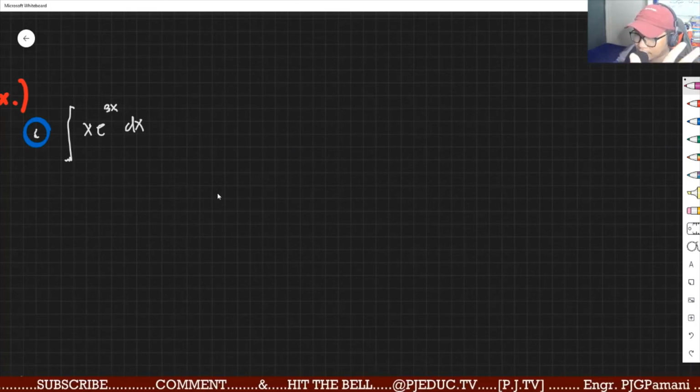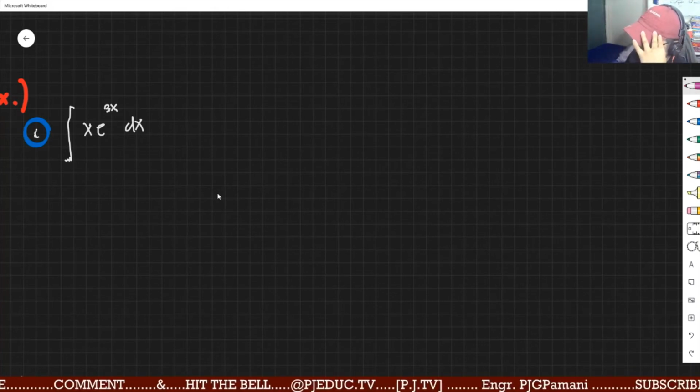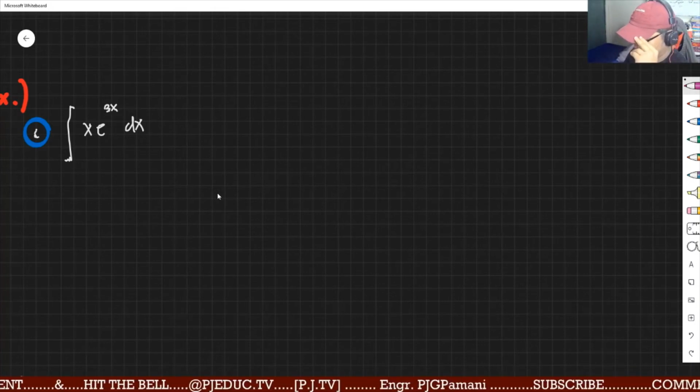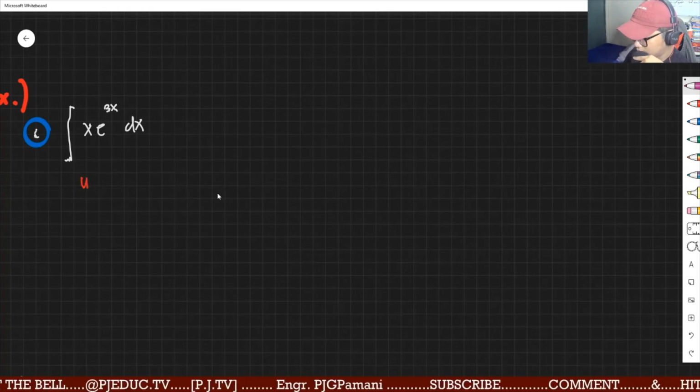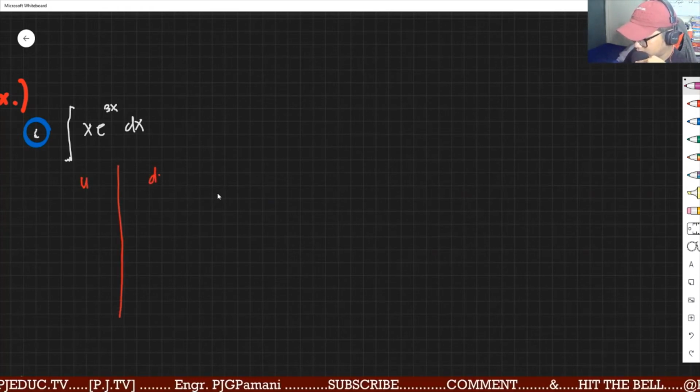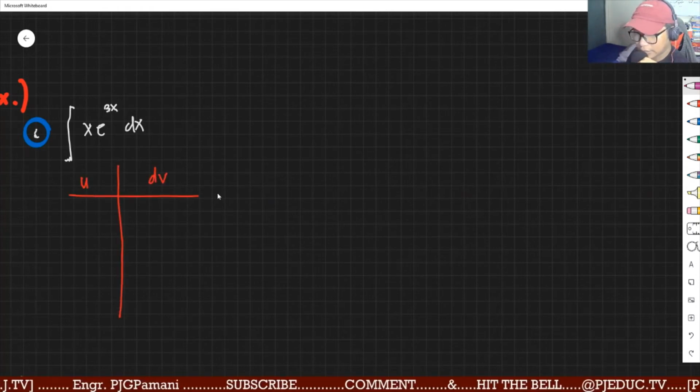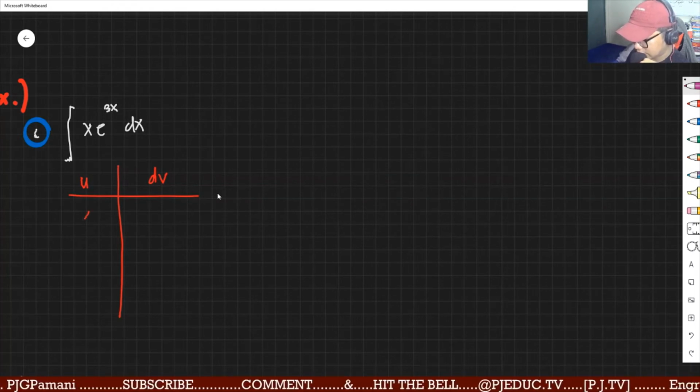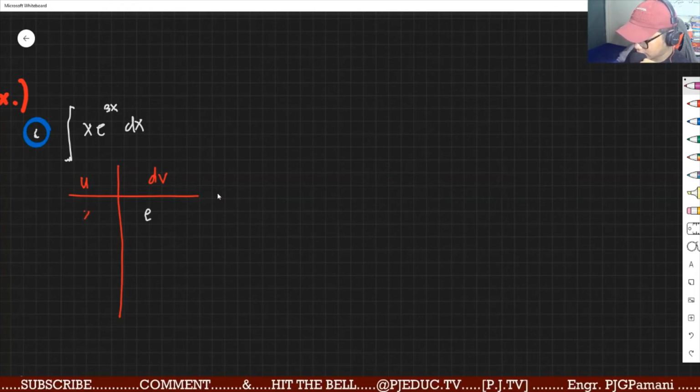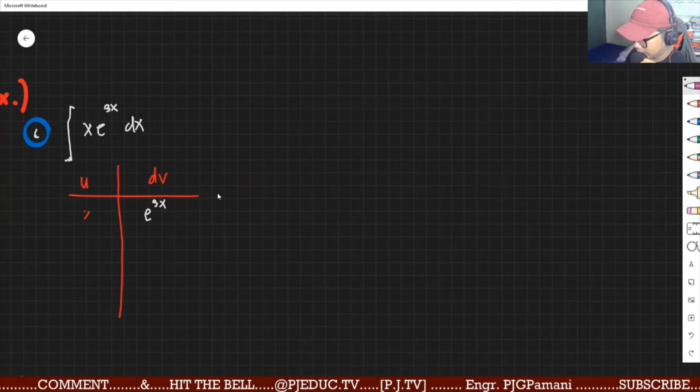Diba makikita naman kung anong susunod na gagawin natin dyan. That is your u and dv. Ano ang ating function u? That is x. Function dv is e raised to 3x.